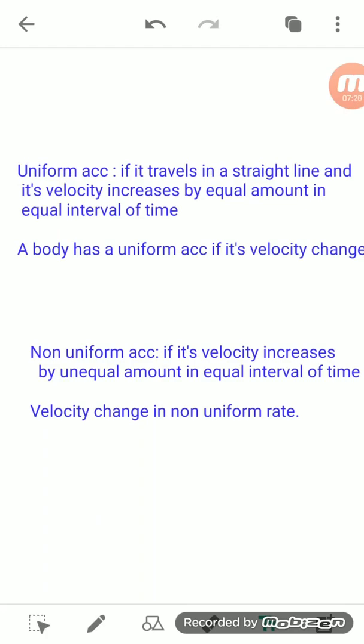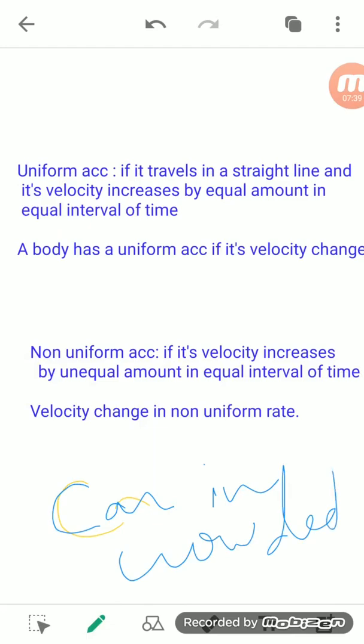And in a non-uniform acceleration, the velocity is increasing by an unequal amount in an equal interval of time, and that velocity change is at a non-uniform rate. An example is when a car is in a crowded place. At that time, that kind of acceleration of the car is known as a non-uniform acceleration.